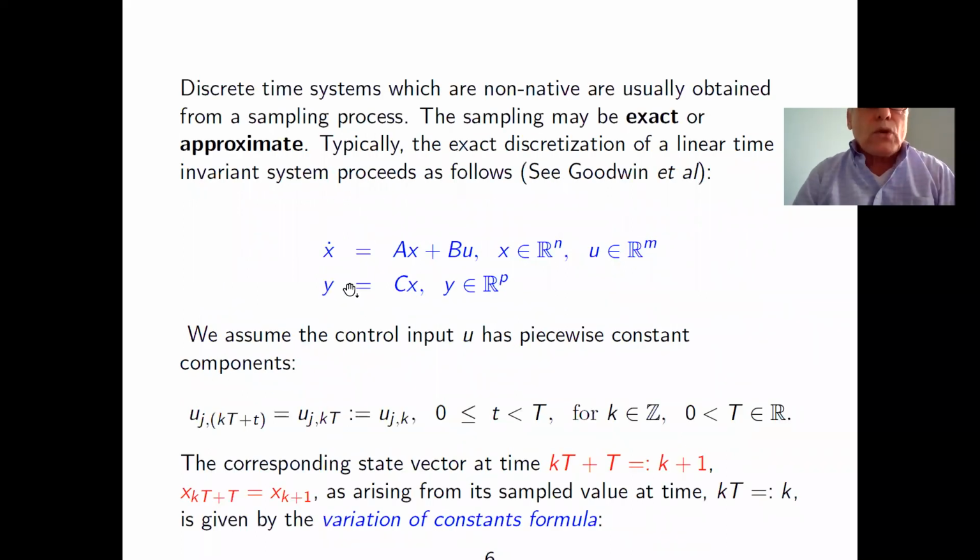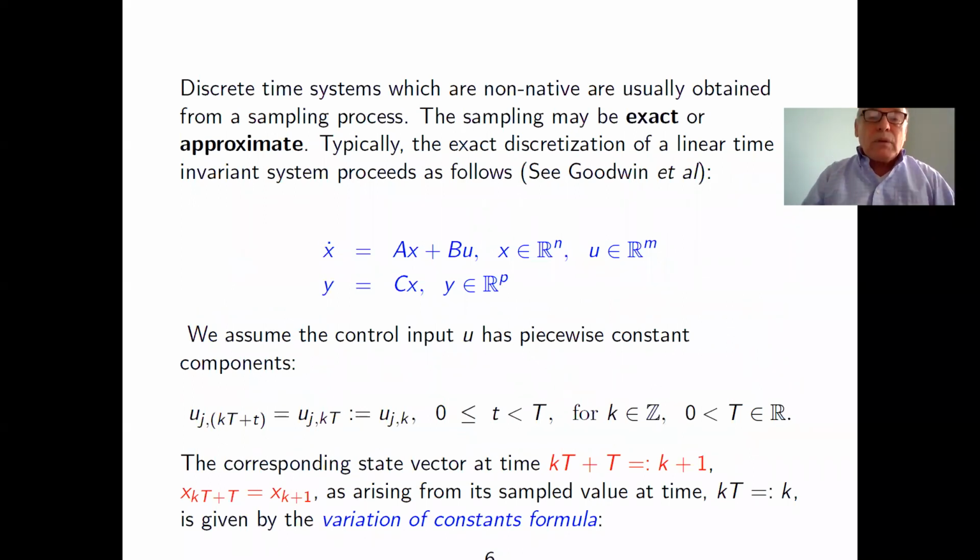For instance, another source of discrete time systems, of course, is the discretization of continuous time systems. And in this case, we can consider, let's say, a linear system, and that linear system is characterized by a continuous time system.